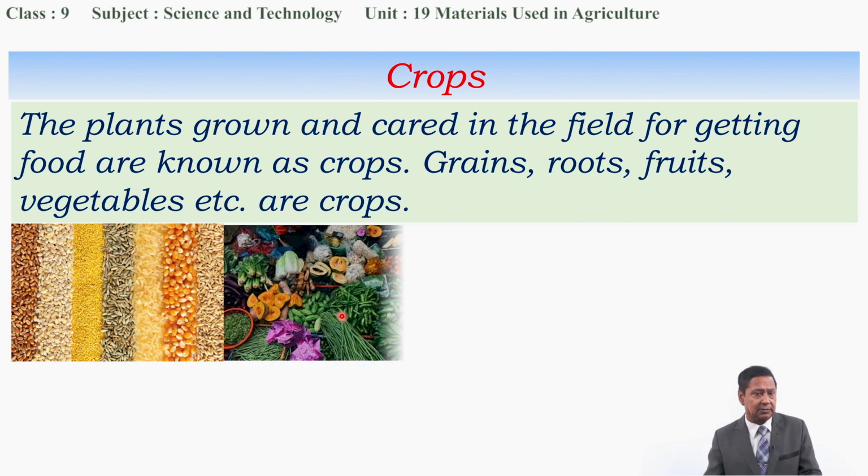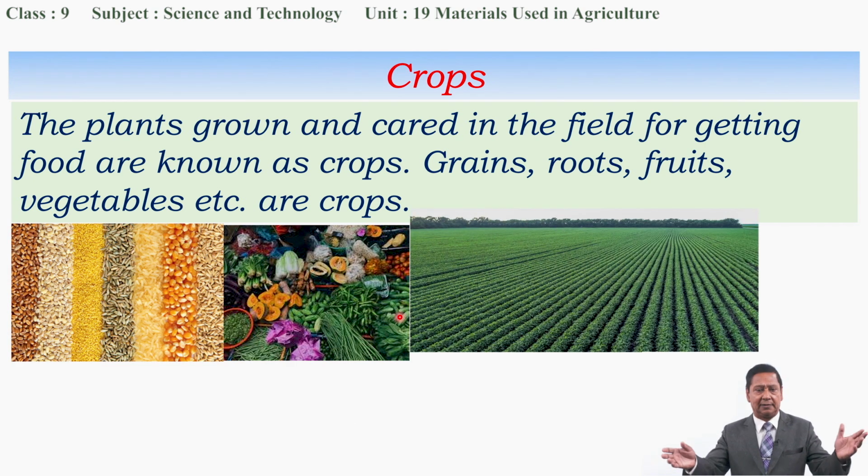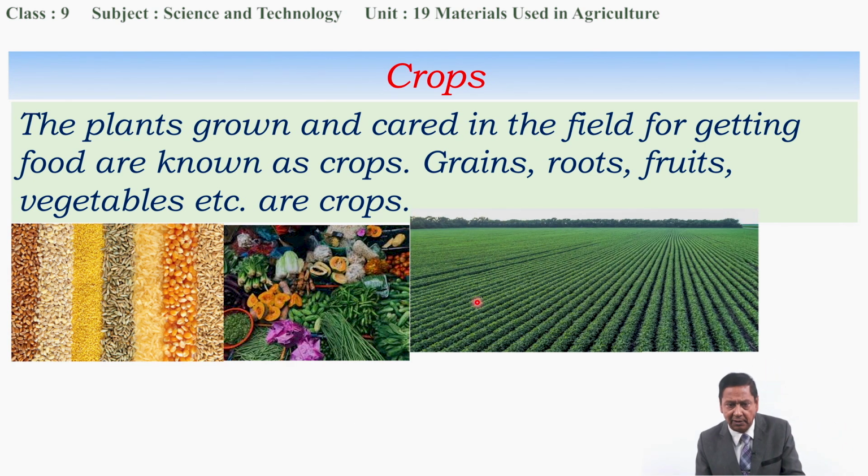And look at this picture also. Here we have different varieties of vegetables. And all these vegetables are grown in the field. That's why they are crops. But all these are grown in the large field. And this is the picture of the field. What we are doing over there, we have to grow the plant.